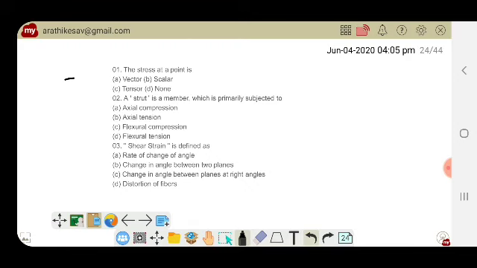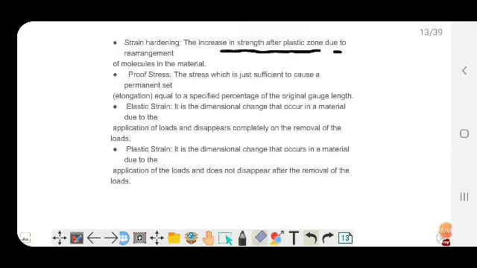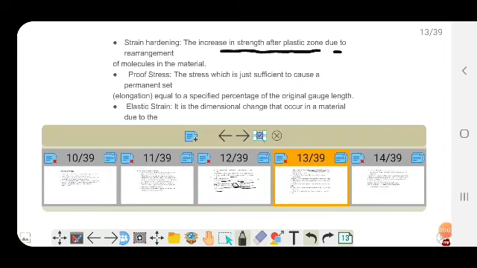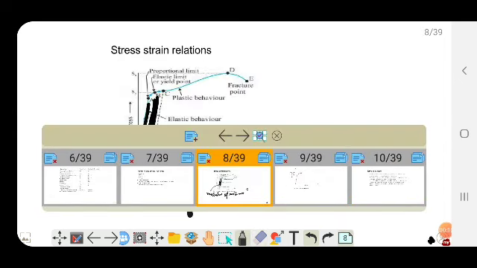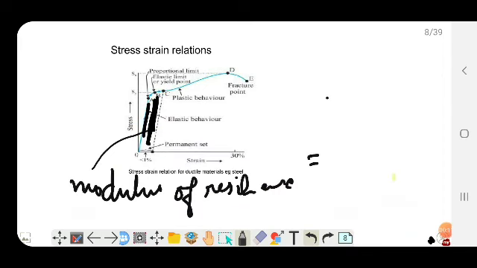And now proof stress, which is the stress corresponding to that. If you look at the graph, this is the permanent set, and we have the corresponding stress, which is nothing but proof stress.